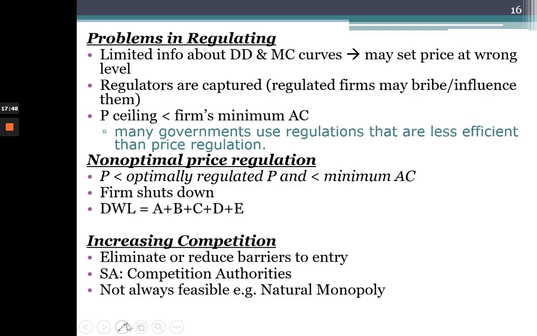South Africa has competition authorities to also increase competition. We're going to talk about our competition policy later on. And it's not always feasible where there is truly a natural monopoly and it has a cost advantage. You may not be able to equate that with perfect competition or regulate it in such a way.